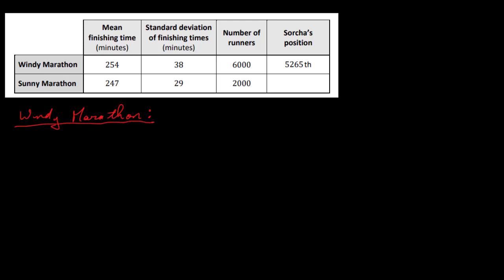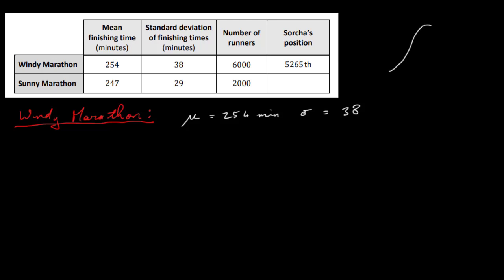Okay, so again here the mean, we're given all this information, but the mean is 254 minutes and the standard deviation is 38. Okay, so if Circa in this particular race, the windy marathon, came 5,265th, that means there were 5,264 runners who finished faster than her.